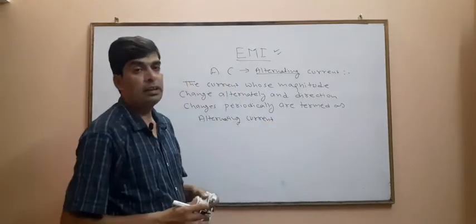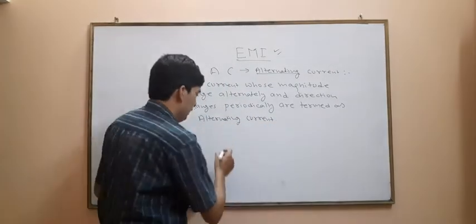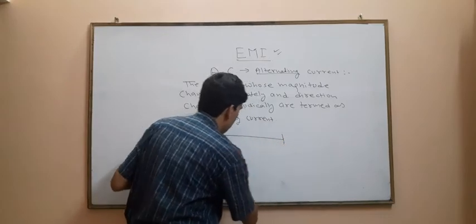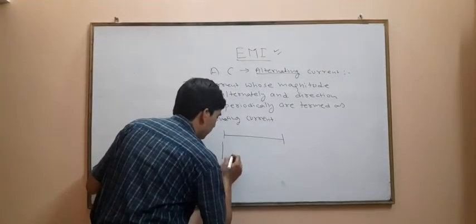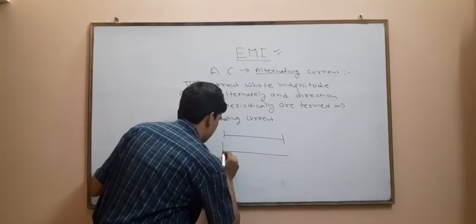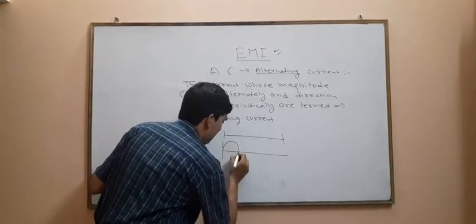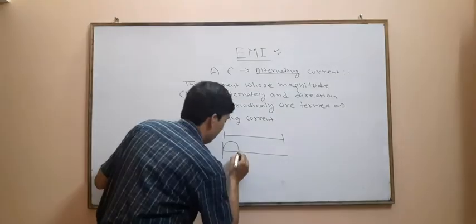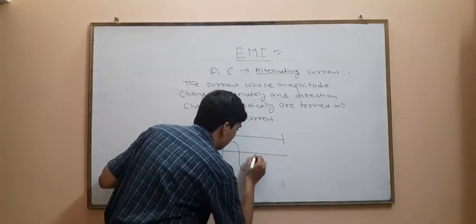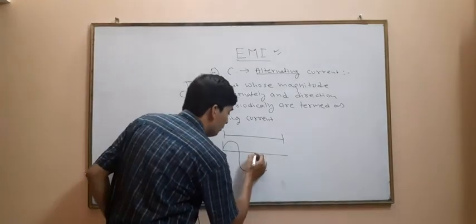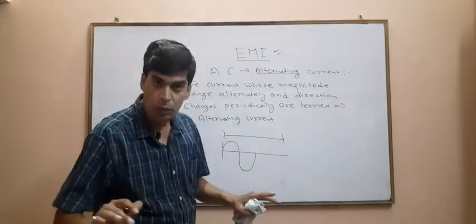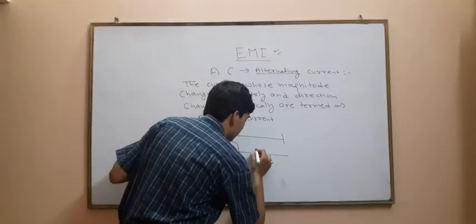Here the magnitude is not constant. It is not like DC current, where the magnitude will continue in a straight path. Here the magnitude is changing like this. Sometimes it is above at this area, then no current is there. Again the current is in another direction. In this area of the circuit there is current, but as it moves to this area, again there will be no current. Again the current has come here.